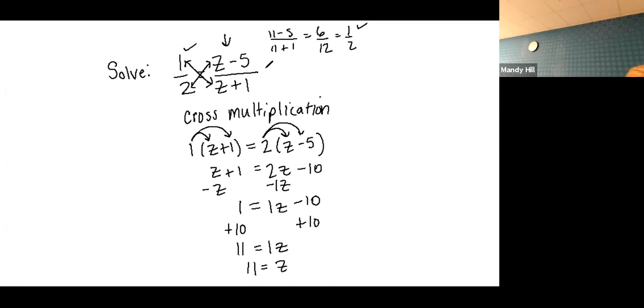Okay. Here is the last problem we're going to look at in 5.5. So it is to solve x minus 2 over x minus 4 is equal to 2 over x minus 4.